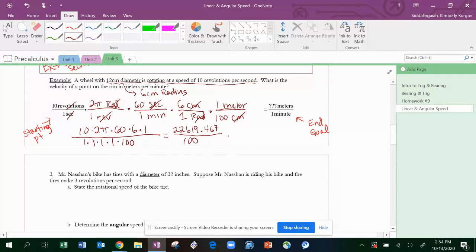And this is in meters per minute. If I divide this by 100, I'm going to get 226.195 meters per minute.